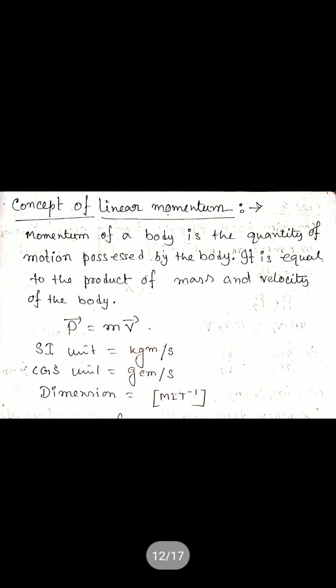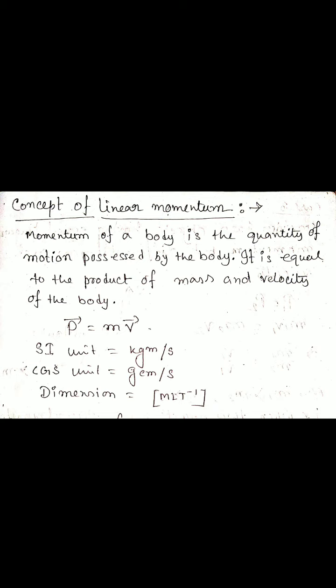Now the concept of linear momentum: we say that it is a product of mass into velocity. Just now we discussed linear momentum with an example. Suppose a small piece of stone is dropped from a very negligible height on a mirror placed on the table or any surface, we see that the mirror does not break.